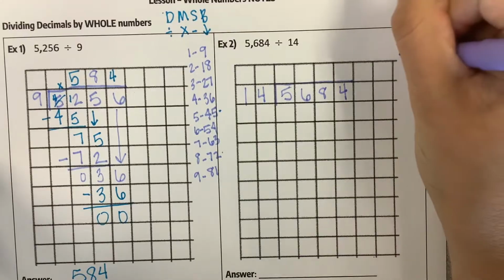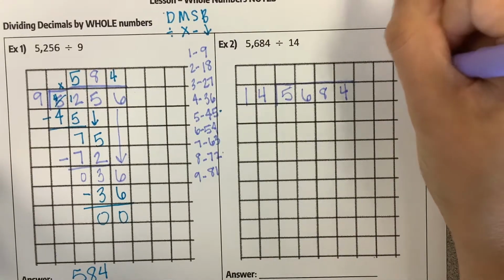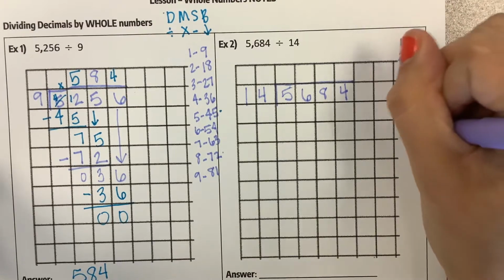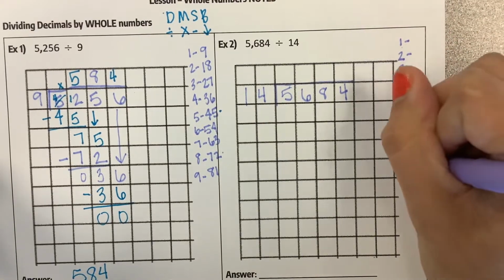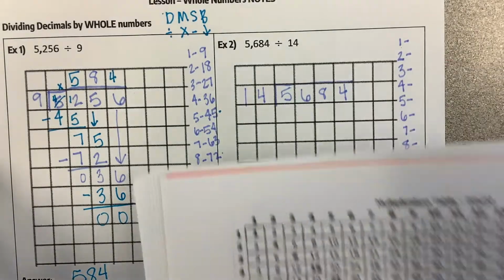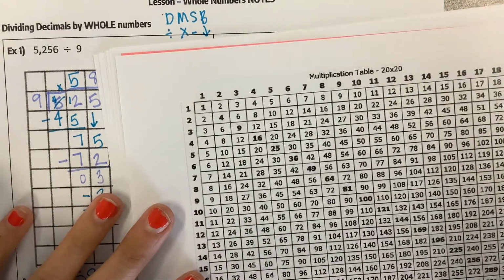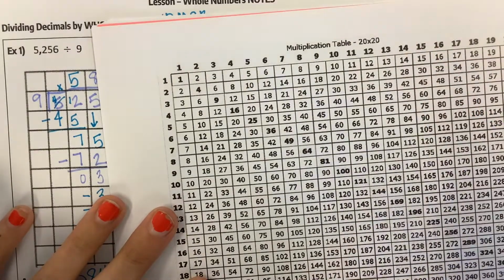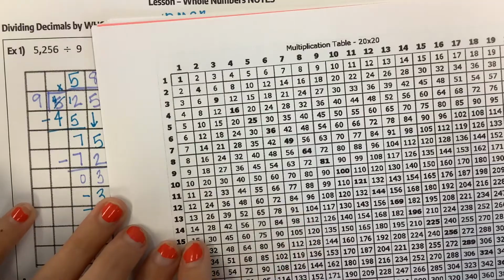So we want our first 9. I'm going to write out 1, 2, 3, 4, 5, 6, 7, 8, 9. And I'm going to use my multiplication chart because 14s aren't as easy for me to have memorized. So I'm either finding 14 over here or 14 over here, and I'm going to list out these multiples right here.